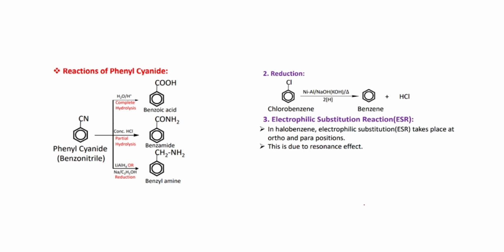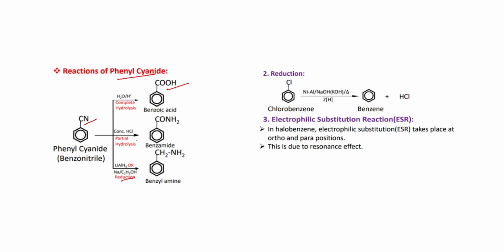So these all are aromatic compounds. Now reaction of phenyl cyanide. When the phenyl cyanide, that is benzene attached with CN group, then for the complete hydrolysis, partial hydrolysis and reduction. So यहाँ तीनटा केस आउन सक्छ. When there is a complete hydrolysis, then it gives benzoic acid, that is CN replaced भएर COOH attached हुन्छ and it gives benzoic acid.